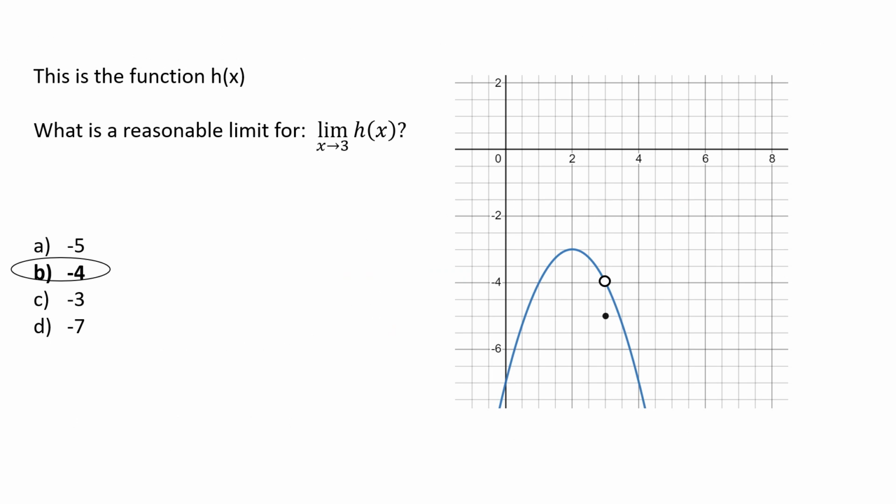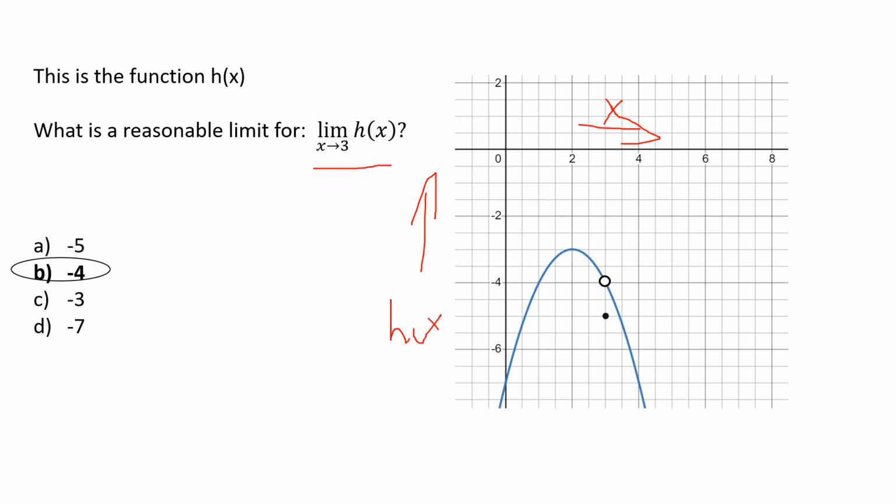Now, there's some rules. We're going to learn a little bit about this. But look at this. We're going to learn about discontinuities in another session here. What is a reasonable limit as x approaches 3, h of x? Remember, here's my x on the x-axis. Here's my h of x.